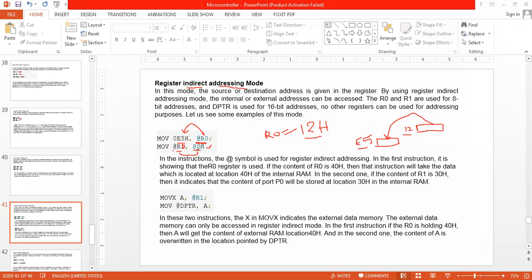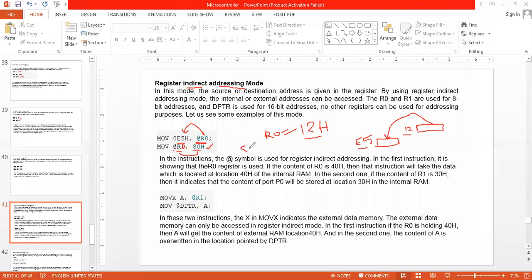Here also, A comma at R0, comma A. I'm not copying the data from A into R0. I'm copying the data from A into the address of R0. What is R0? R0 is 12H. So this instruction, what is it doing?